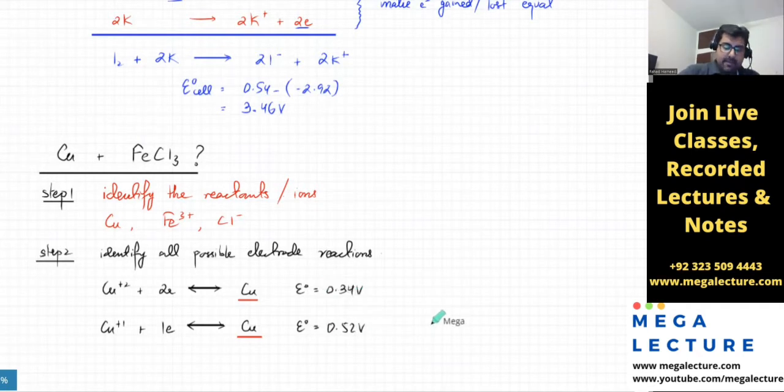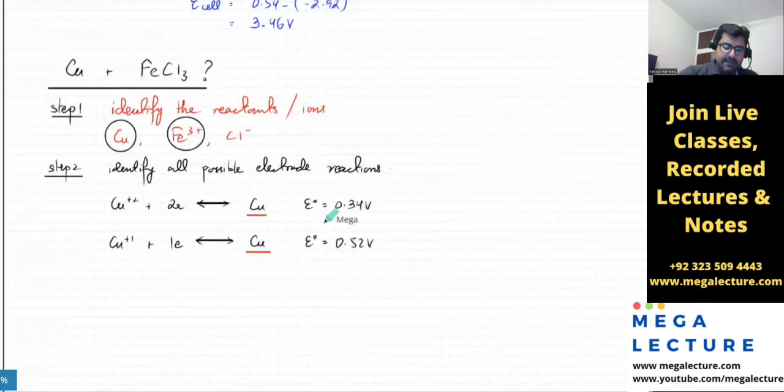So then I'm going to do it for Fe3+. I've done the first one, and I've written down all possible things that can happen to it. I'm going to move to the second one, the Fe3+. There are 2 possibilities. One is Fe3+ gaining 3 electrons to form Fe. That's one electrode reaction.